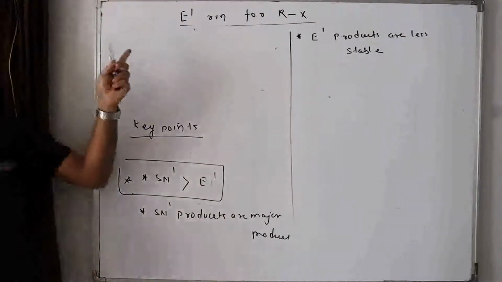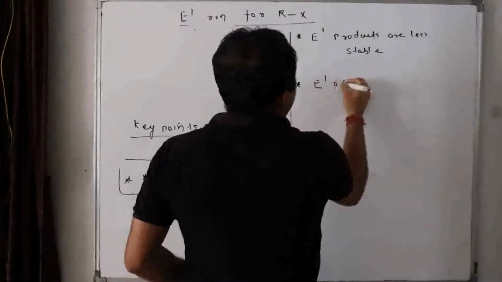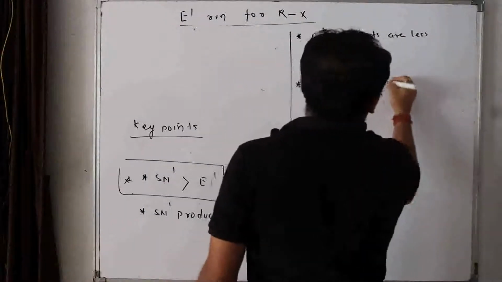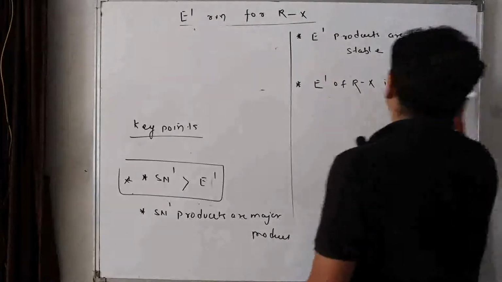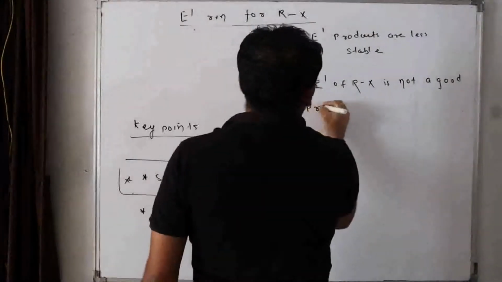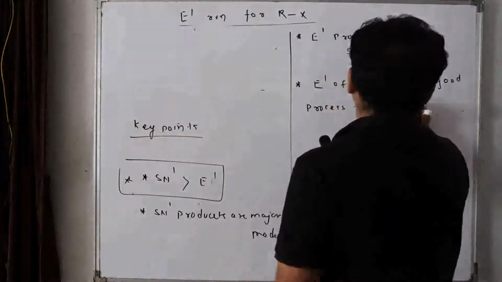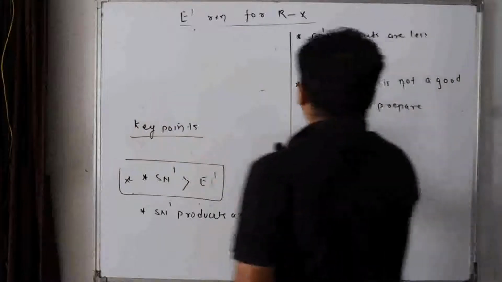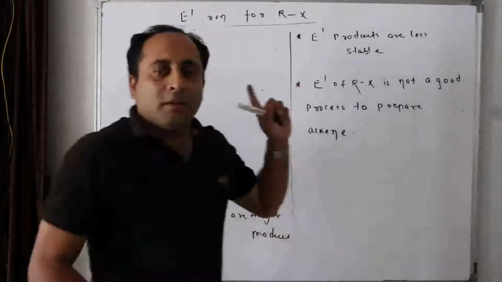Second, E1 of alkyl halide is not a good process to prepare alkene. Why?